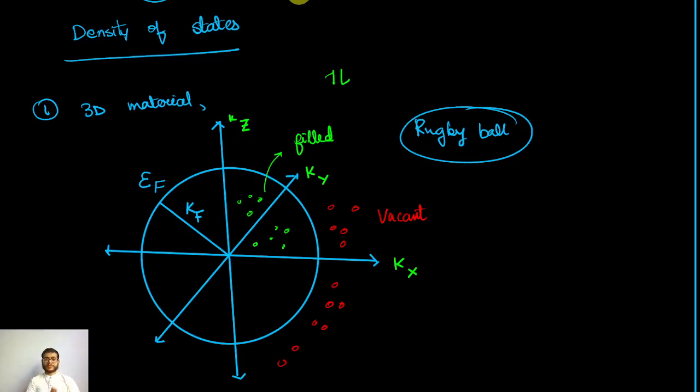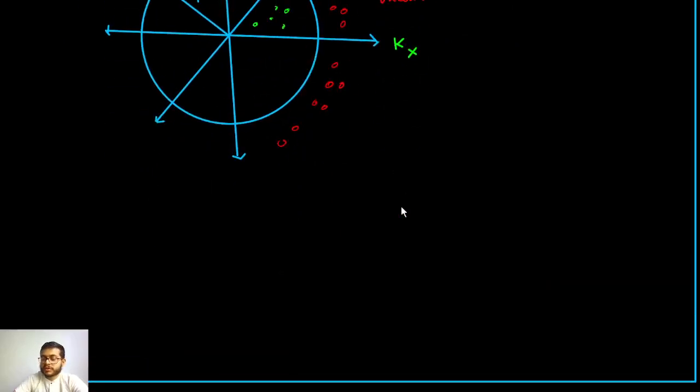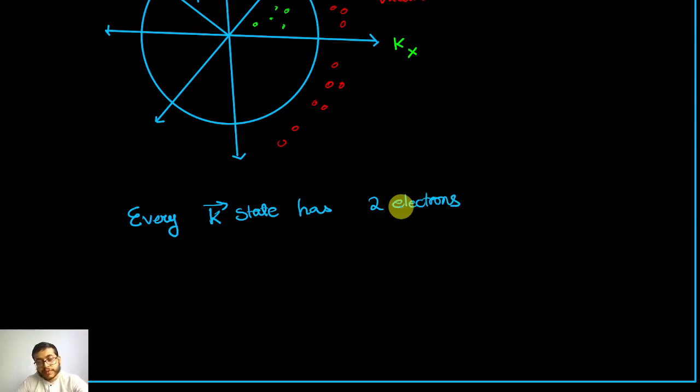So what we can do with this is see how many states there are between energy E and energy E plus dE. Now we are shifting our focus: every k state has two electrons, right? From this we shift the focus to between E and E plus dE.